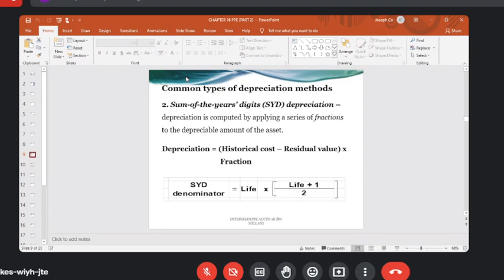Depreciation is equal to historical cost minus residual value times the fraction. And how do we compute the fraction? Life times life plus 1 divided by 2, where the numerator is the remaining useful life and the denominator is the SYD denominator. Under SYD, the life will be decreasing per year, no?